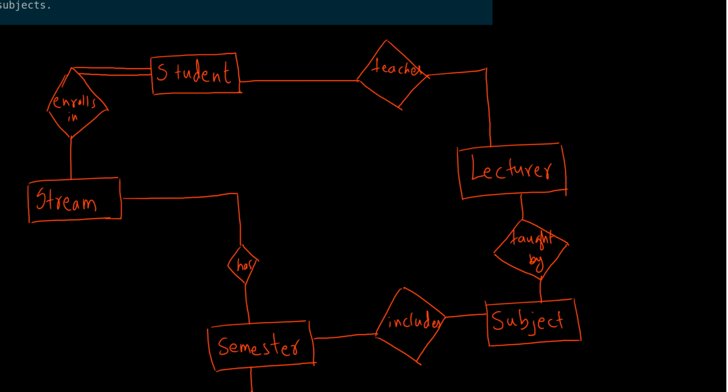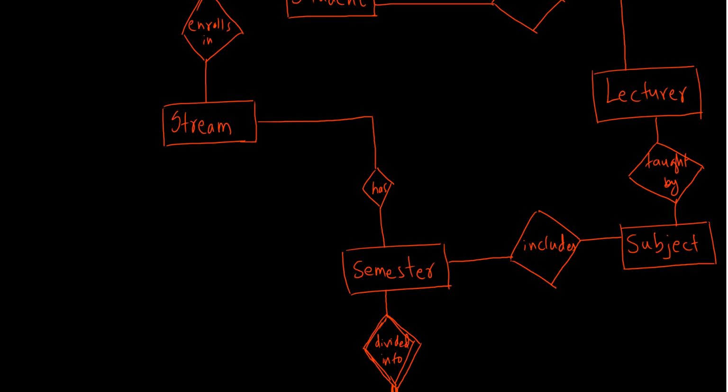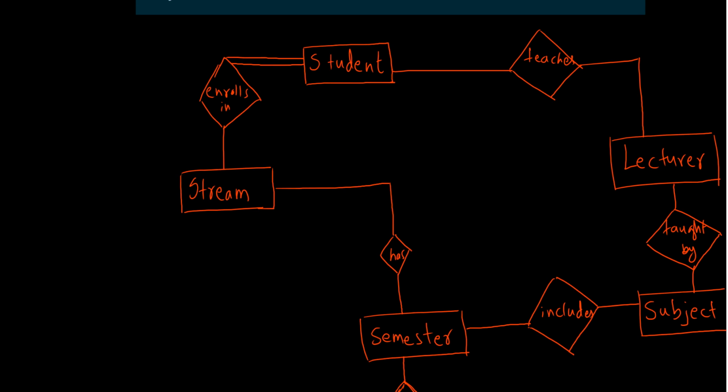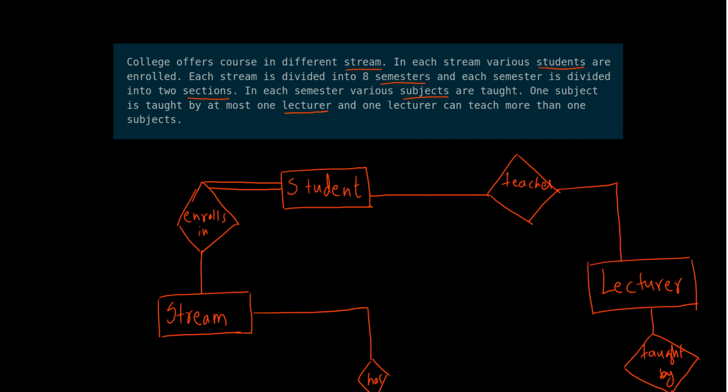Now let's look into the cardinality. We have drawn almost all important relationships and entities as mentioned in the question.